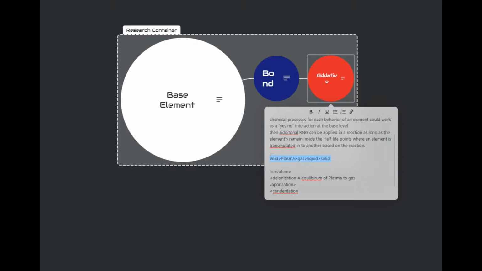So we'll do void plus, okay, so we'll do what is solid, liquid, gas, plasma, ionization, deionization, equilibrium.